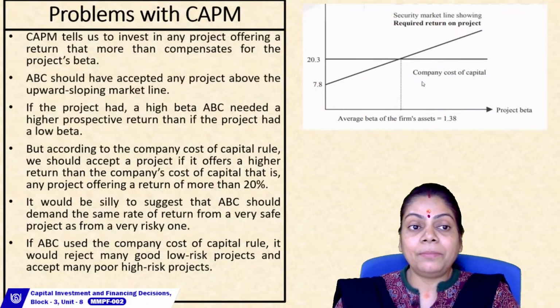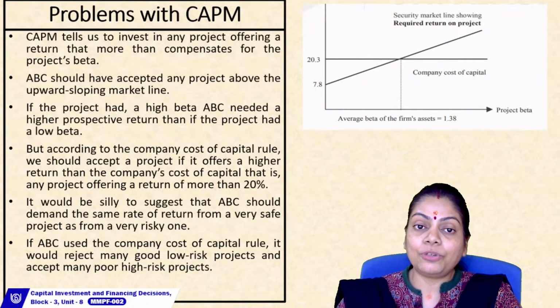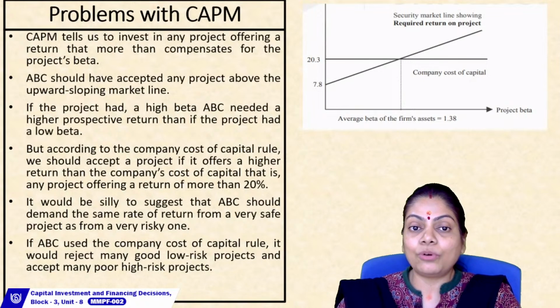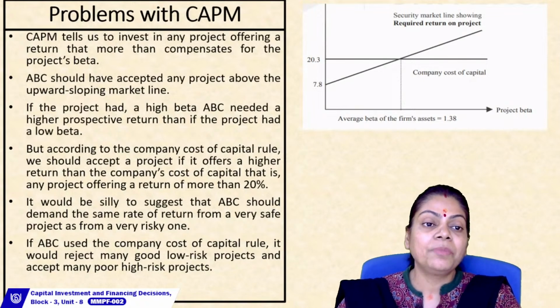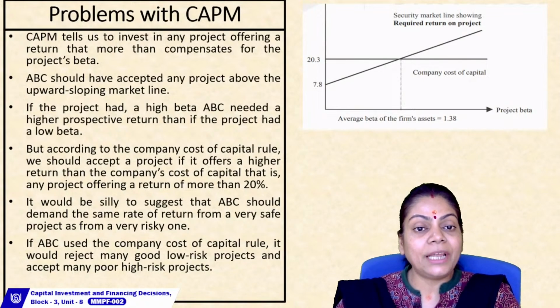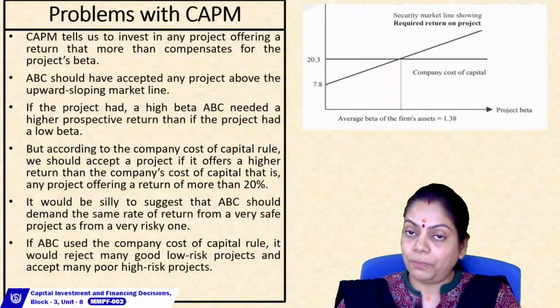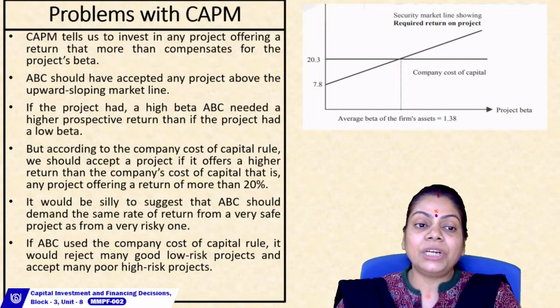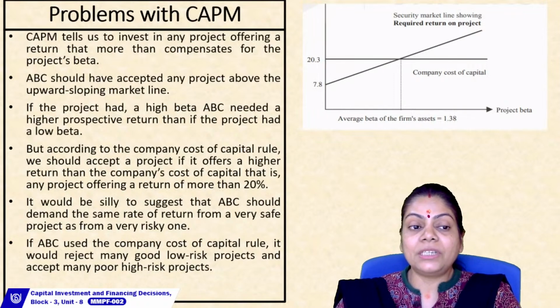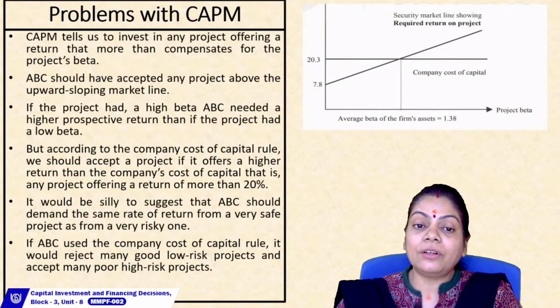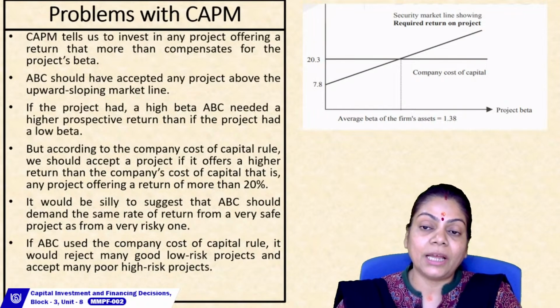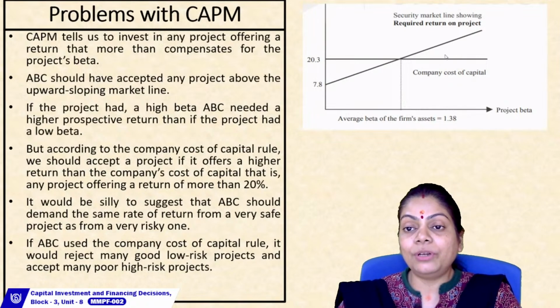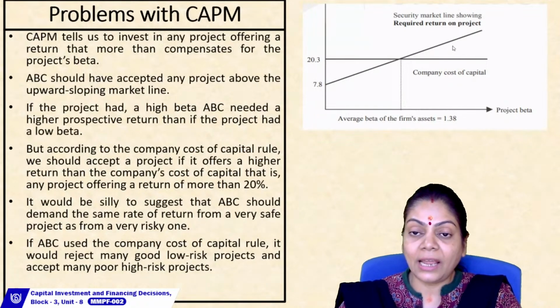Now, the CAPM again tells us to invest in any project which offers a return that more than compensates for the project's beta. ABC should accept any project above the upward sloping market line. If the project had a high beta, ABC needed a higher prospective return than if the project had a low beta. So obviously A and B will fall at different points on this sloping line.